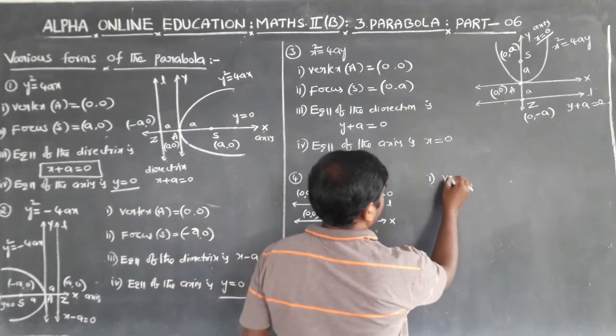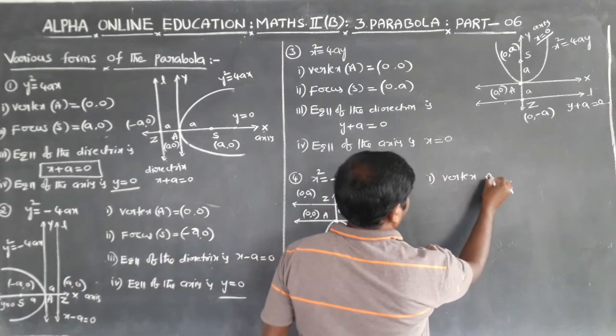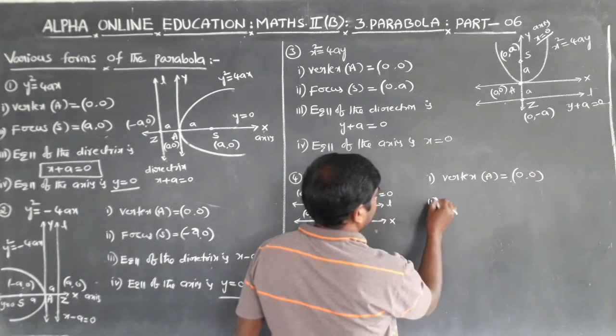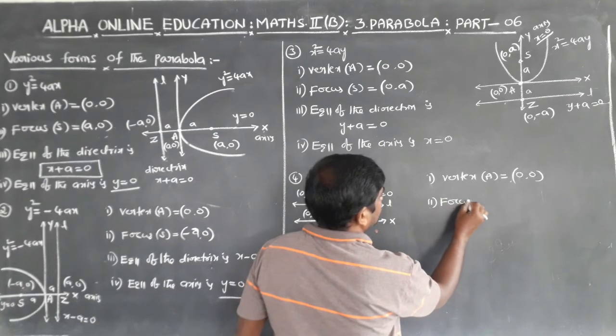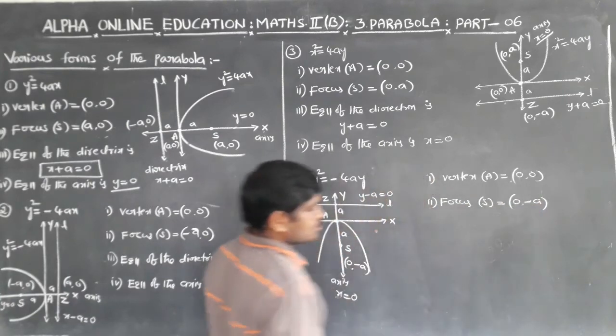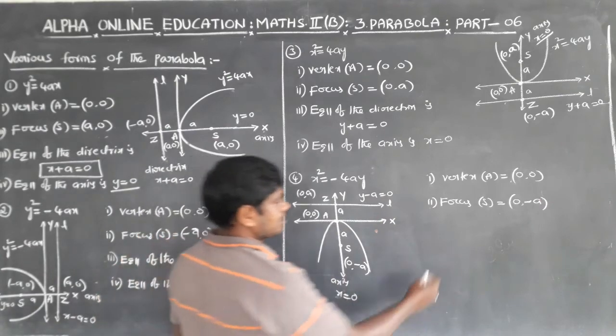First one is vertex A is equal to 0 comma 0. Second one is focus S is equal to 0 comma minus a.